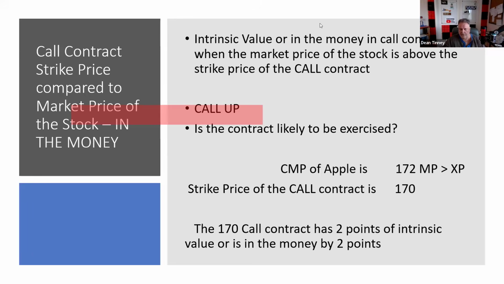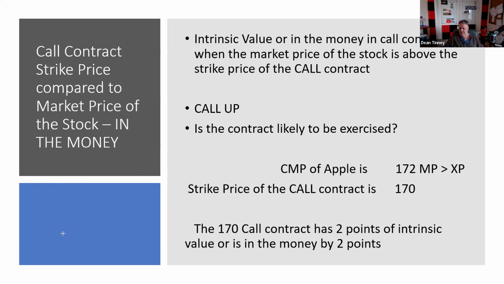All right, so intrinsic value, as I said, is more important than the concept of time value, which we'll be talking about. So intrinsic value, we're in the money in a call contract, is when the market price is up from the strike price. If you've been with me any length of time and watched my videos, I always say, and here it comes, if you only remember one thing about options, please remember call up, put down.